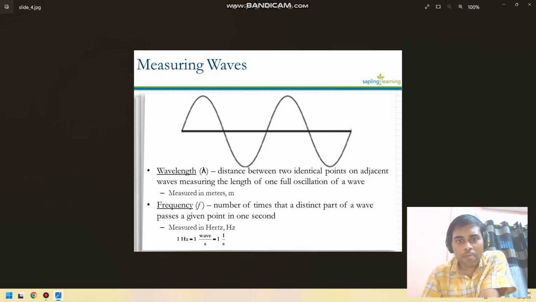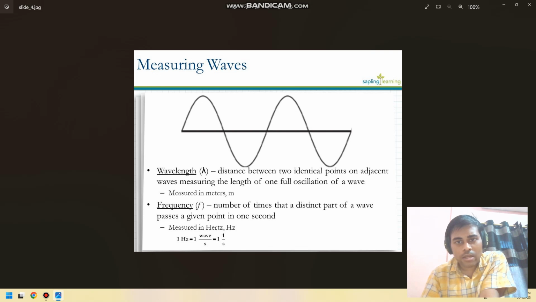And the third most important parameter is the frequency. The unit of frequency is hertz or per second. Per second, as the unit denotes, is the number of times that a distinct part of a wave passes a given point in 1 second. Suppose a wave is passing.